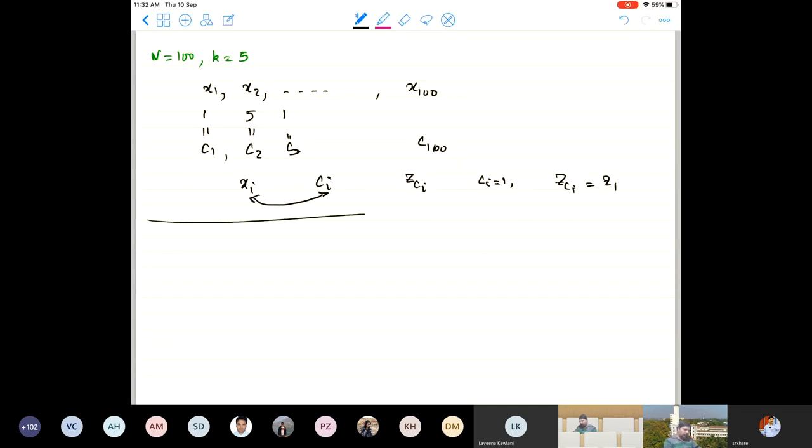So this is what we have, and what is the clustering objective? These are a few terminologies, and the last of them is the clustering objective. So what is happening in the clustering objective?